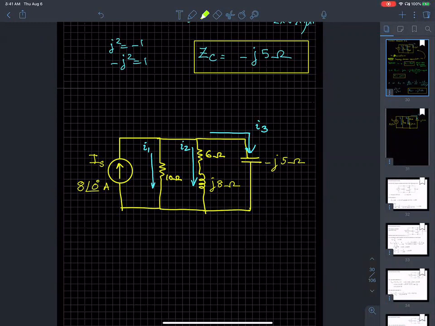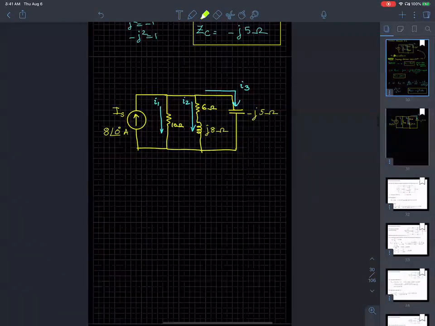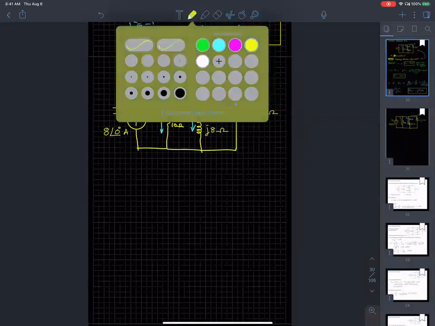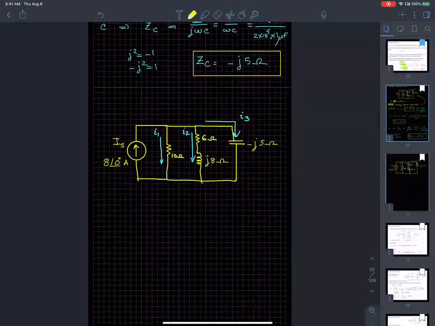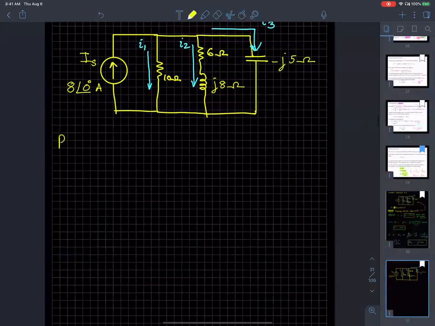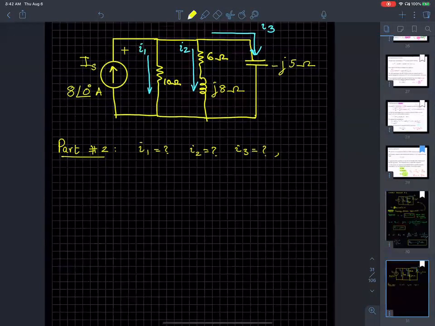Okay, so let's see if we can move on to the next part of the problem. Part 2 of the problem is to find the value of I1, find the value of I2, and find the value of I3. And of course the V, the voltage across the source.